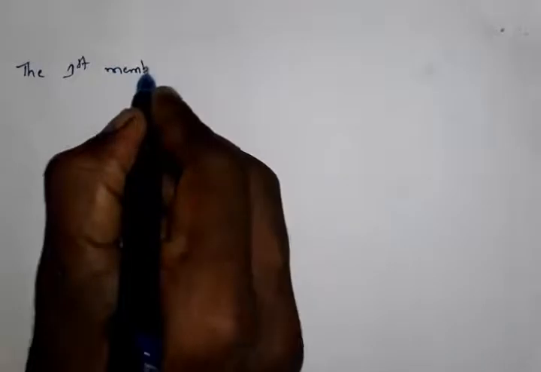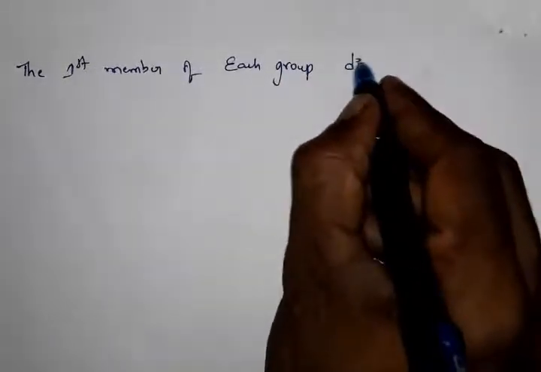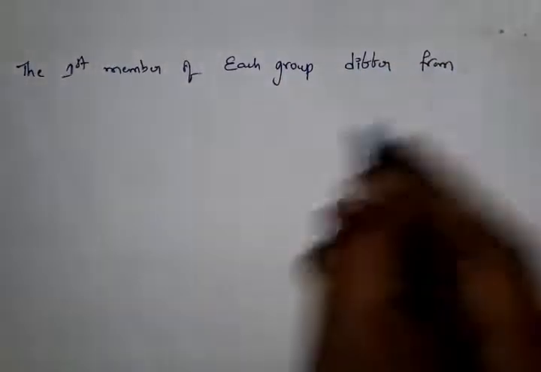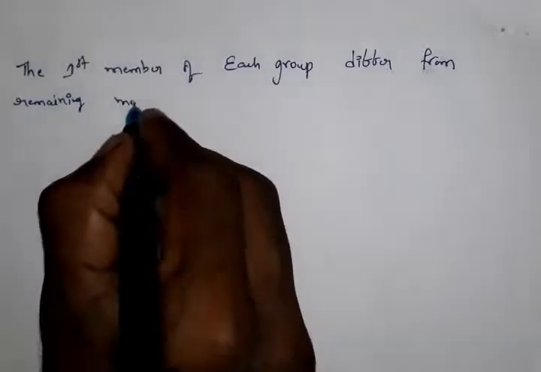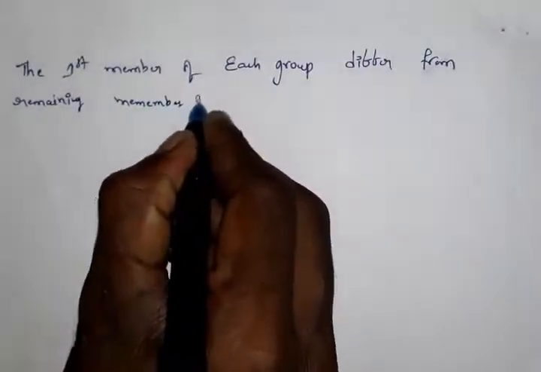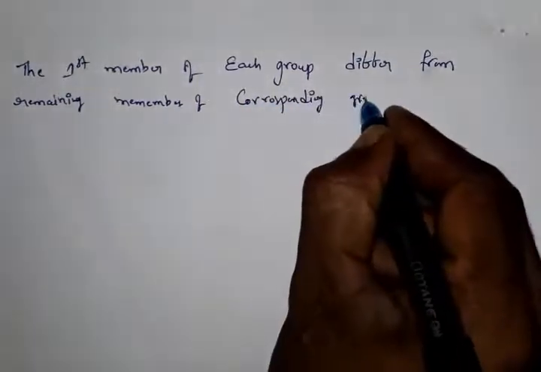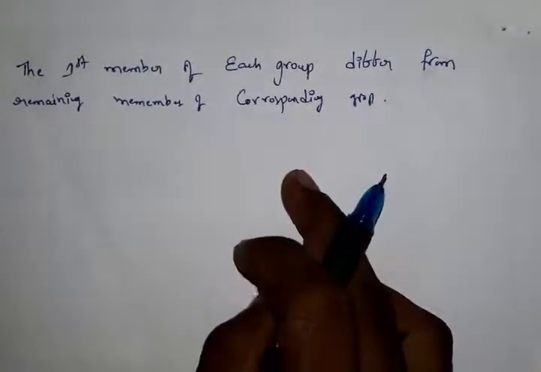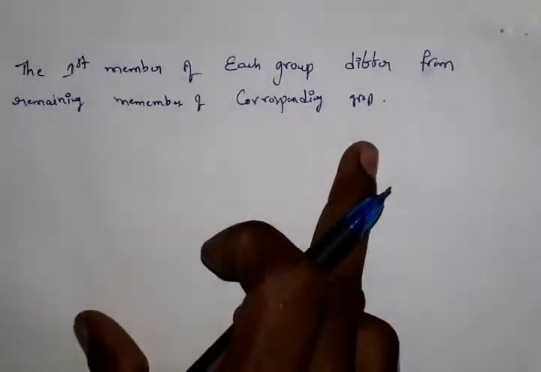Next, the first member of each group differs from the remaining members of the corresponding group. Why does the first member of each group differ from the remaining members of the corresponding group?